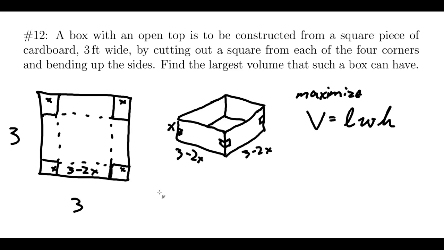That means that our volume is the height x times 3 minus 2x squared. We have a square that is this long on each side, and then multiplied by the height of x. So this is our objective function. We are trying to maximize it.